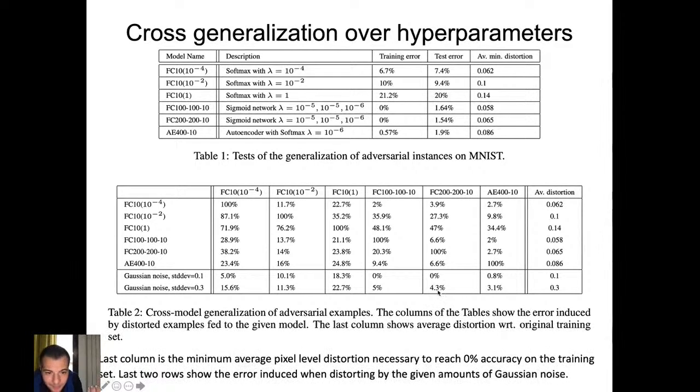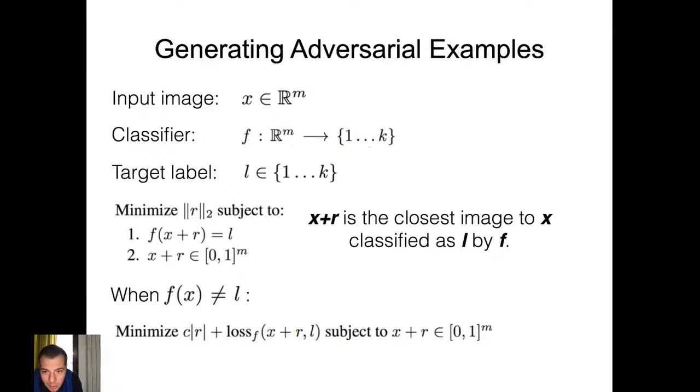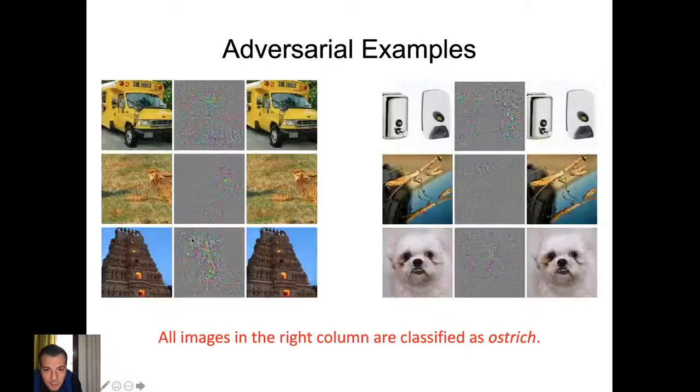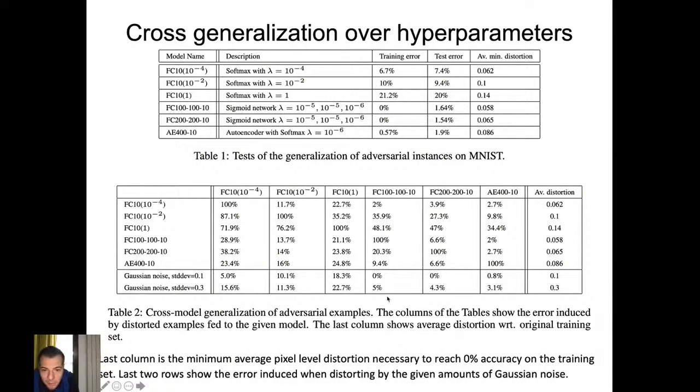So in order to obtain the adversarial example, you really need to optimize it using this objective here. If you just add some random noise to the example X, so if R here would be a random Gaussian noise, you will not obtain the same results.